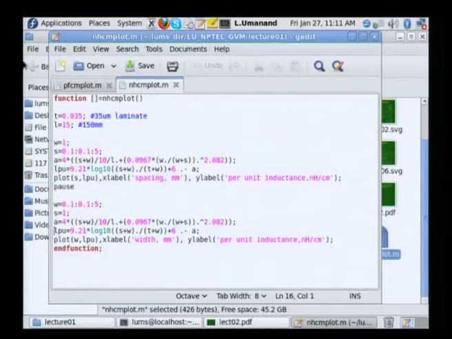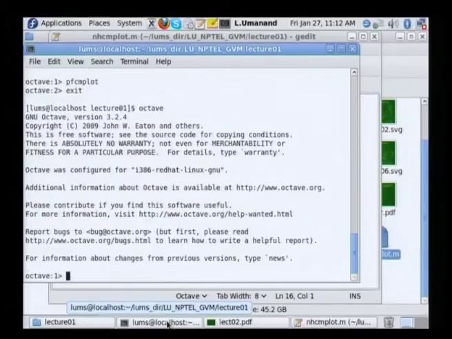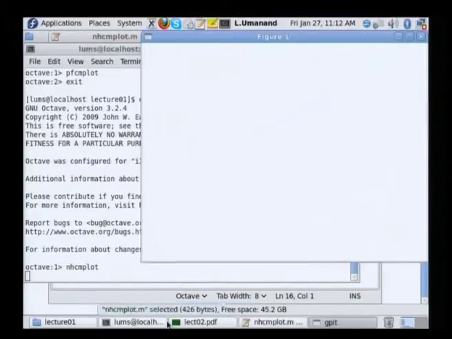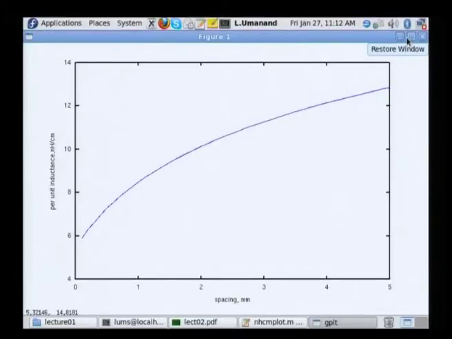So, now if you execute this in Octave, let me open Octave and then execute the nanohenry cm plot function. So, we see the plot where on the x axis you see the spacing between the tracks or the conductors, and here the per unit inductance in nanohenry per centimeter length.